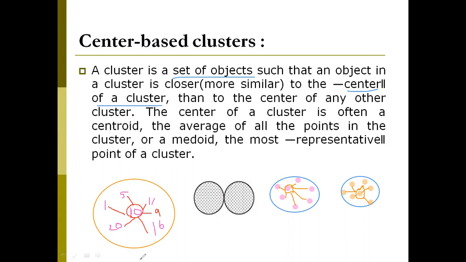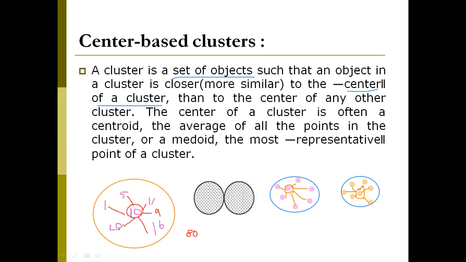Whatever data points we have within a cluster, they are almost nearby the centroid, the center point we have chosen. Now suppose there is one more value, say 80. Is 80 near to 10? Obviously not.